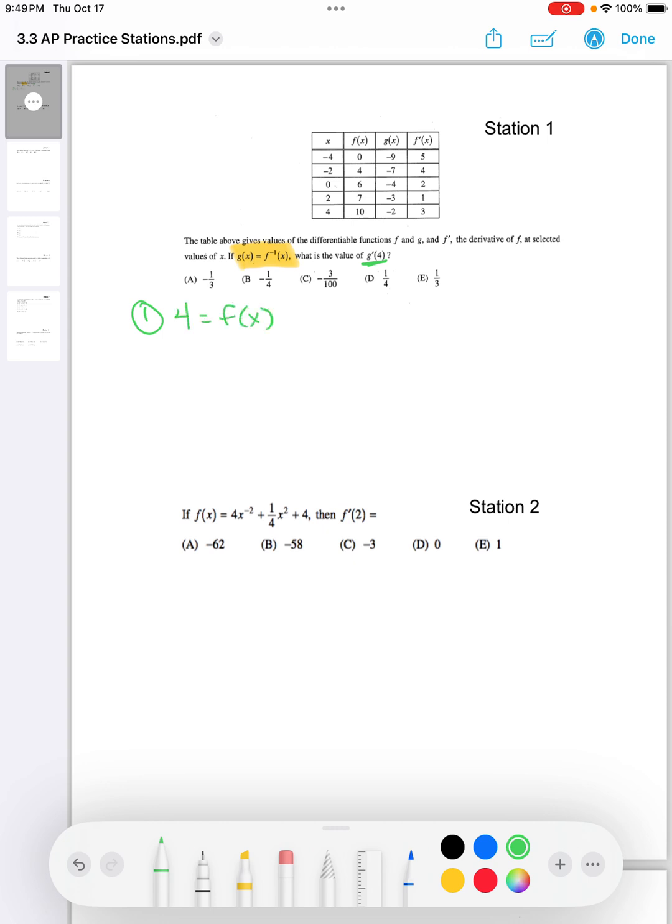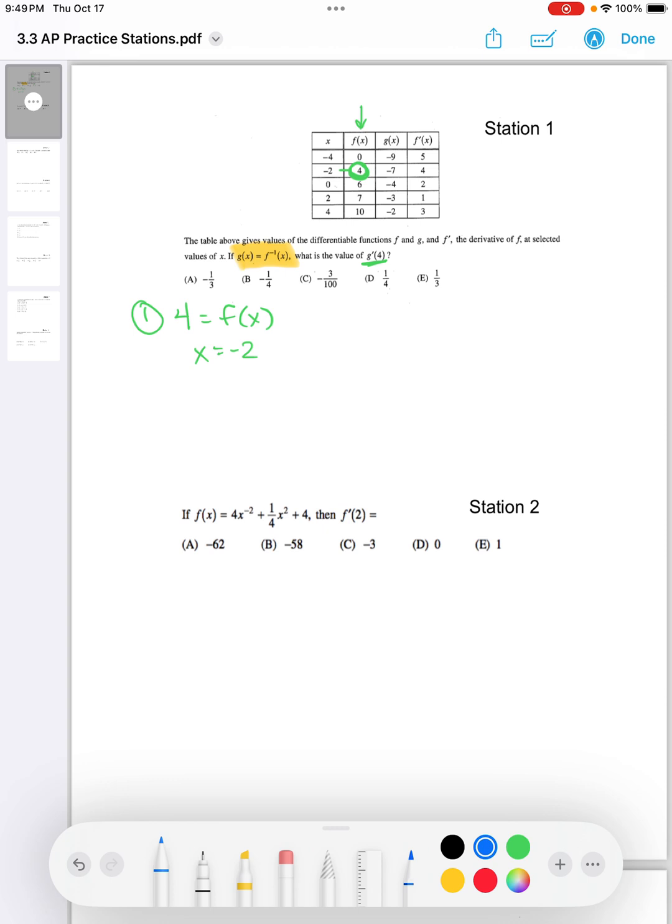So as we take these derivatives of inverses, remember that you're going to set 4 equal to the function, and we're going to solve. So I'm going to look down my f of x column for my answer of 4. And when I get for my answer of 4, I can look back, and my x is -2.